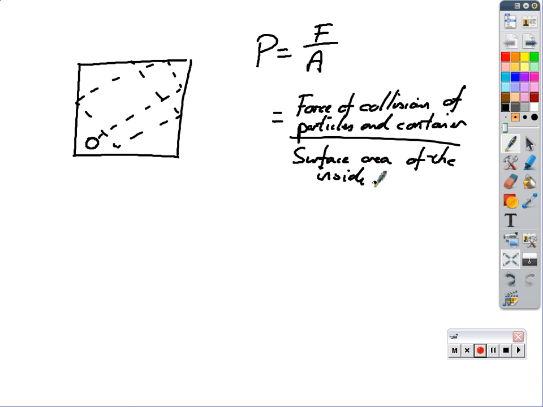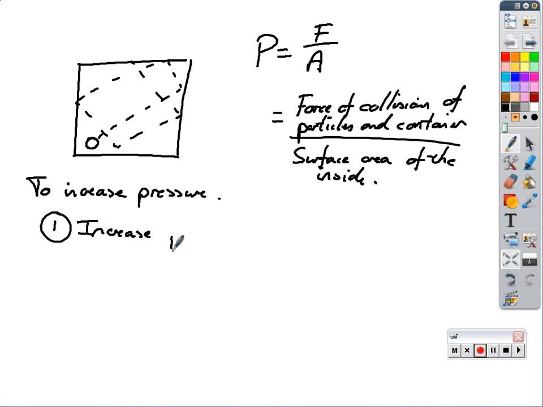So to increase the pressure, we do two things. One would be increase particle velocity. Now to get increased particle velocity, we increase kinetic energy.